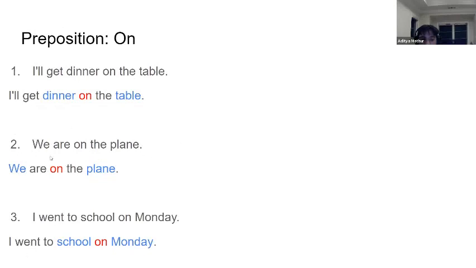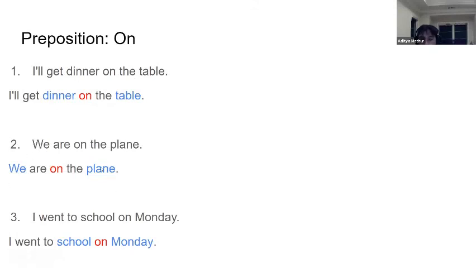We. And plane. Remember, we is a pronoun. Preposition, yeah, on. So going back, remember we is a pronoun, which is also a noun.